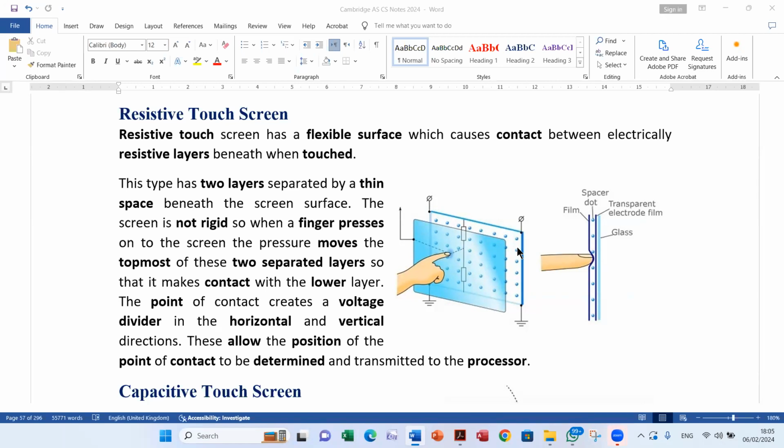Okay? So with resistive touch screen, you press the screen and make the upper part touch the lower part, and according to coordinates, some voltage or some signal can be detected. This is called resistive touch screen. It depends on making the upper layer touch the lower layer, completing a circuit.